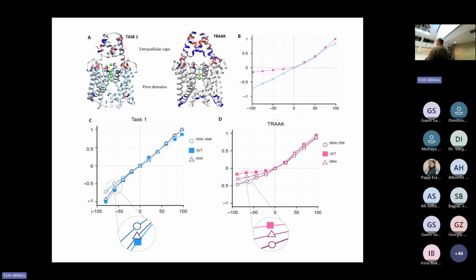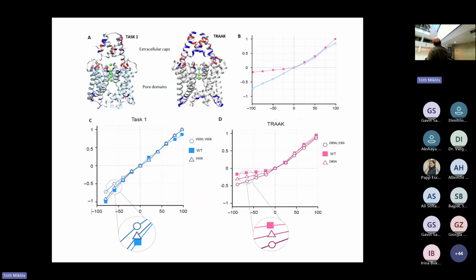So what I did was change the amino acid in this part, and you can see the differences in the voltage dependence in each channel. I took channels that have many more charges here and replaced them with a neutral amino acid here and here.